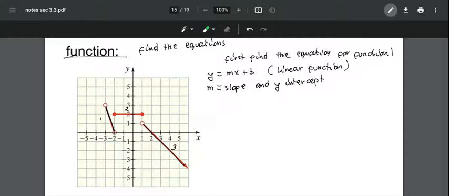Okay. So to find the slope, right now I'm not checking the restrictions. I just want to get the equation of this function. Here you see a segment, but technically this function will keep going that way. And then I will restrict the domain.